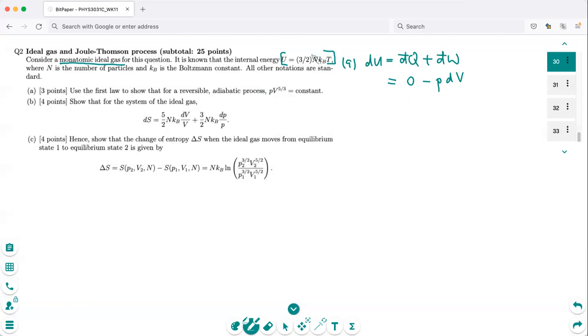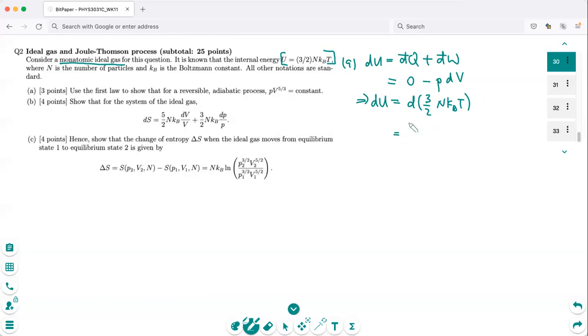And dU, you can just differentiate this. So what you are left to do is to write down dU. So dU is d of NkBT, and this will be minus PdV.